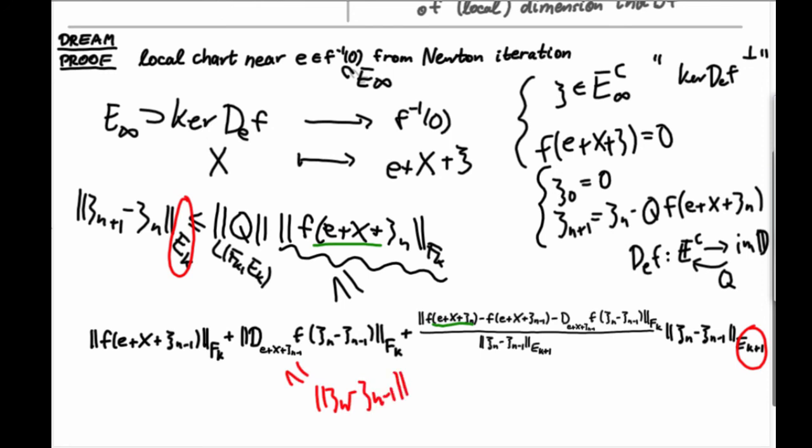But again, there's an FK here. Continuity of the differential only holds when you're shifting by 1. So a priori you're just getting the EK plus 1 here. So unless you're on a finite dimensional space with your Newton iteration, on which all these norms are equivalent, you're not getting an iterative sort of estimate here. So this shift here is no good.